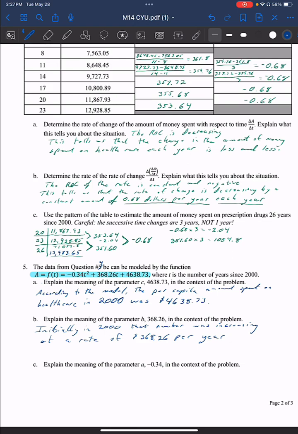And then it goes on to ask us to explain the meaning of the parameter a, which is this negative 0.34 in the context.